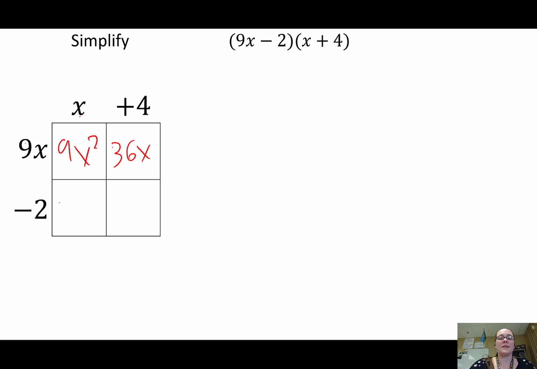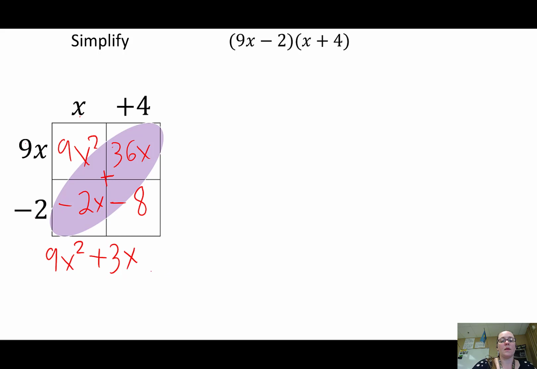Negative 2 times x gives me negative 2x. And negative 2 times 4 gives me negative 8. Now you'll notice right there along the diagonal, both of those are like terms. So I can add those together.